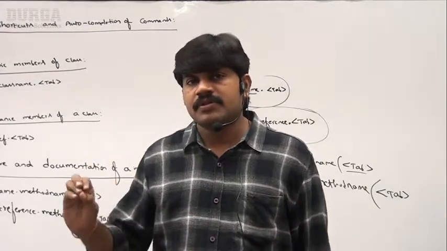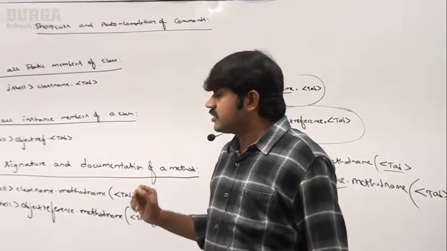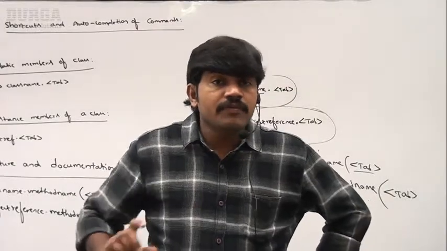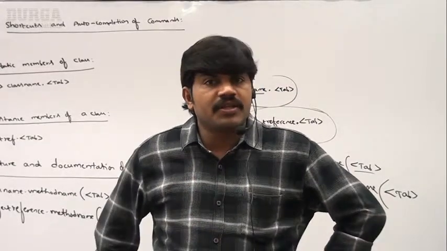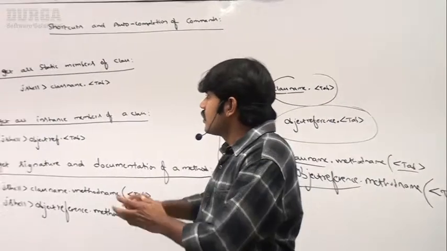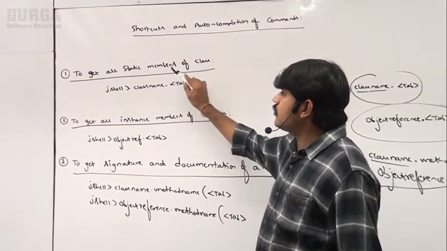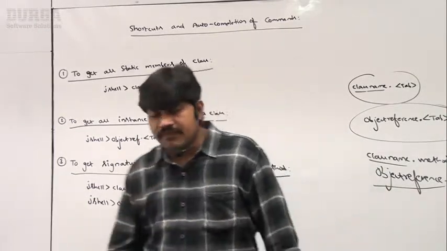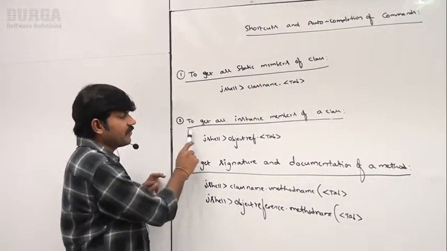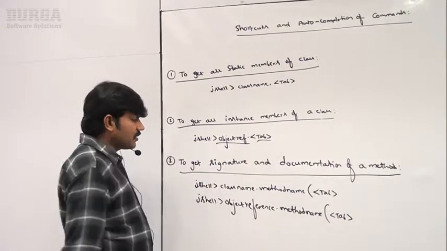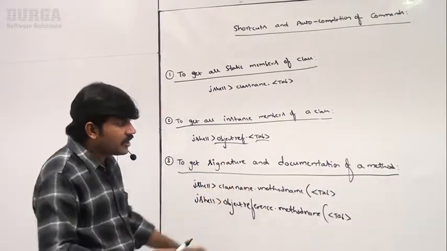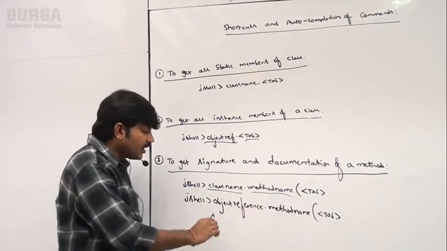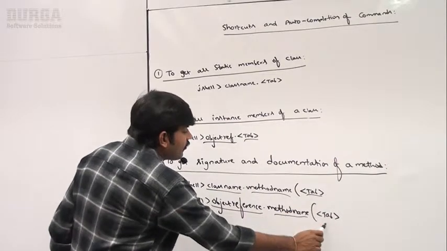Sir, can you please let me review? Shift tab I is for import. Shift tab V is for variable creation. Next, class name dot tab to get all static members of a class; object reference dot tab to get all instance members of a class. To get the signature and documentation of a method, class name dot method name, or object reference dot method name, followed by tab.